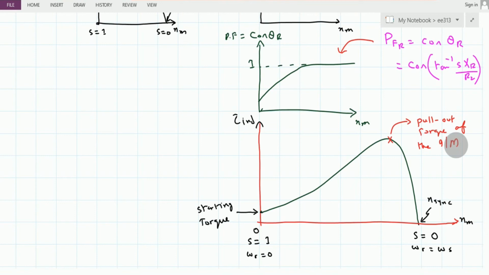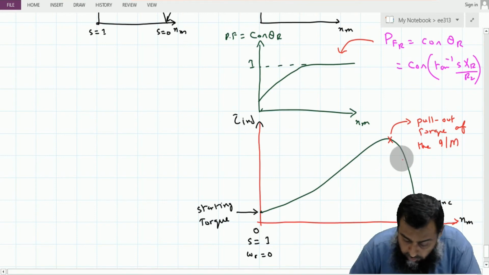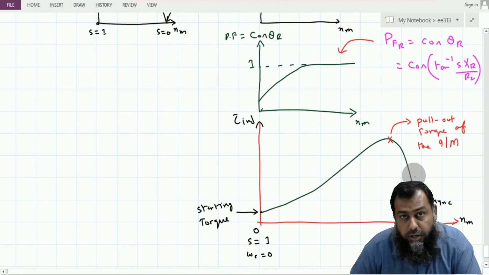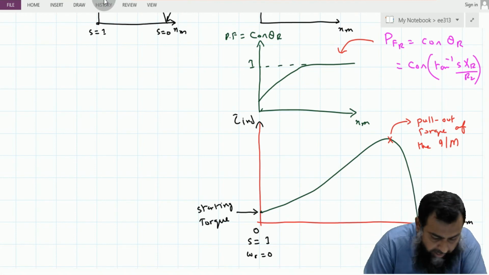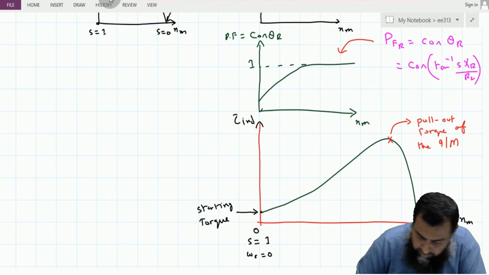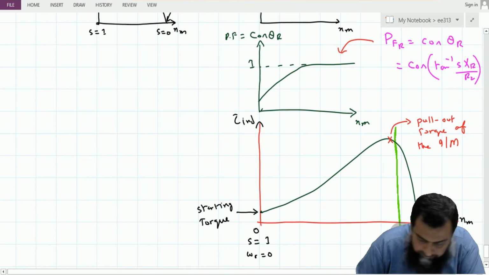Now if we look at this torque speed characteristics of an induction motor, then we can say that we have roughly three regions in the torque speed characteristics, right?